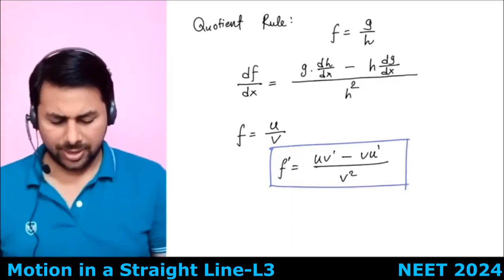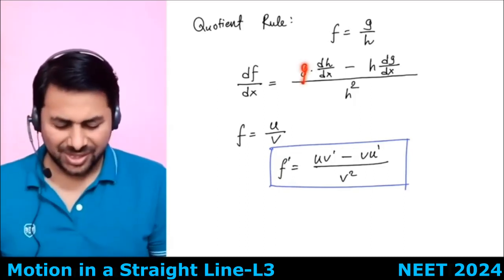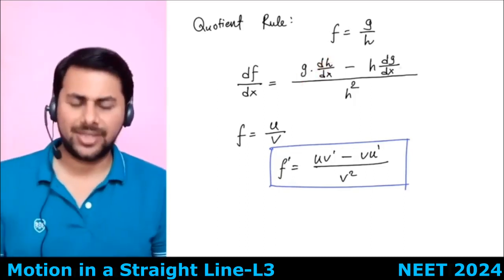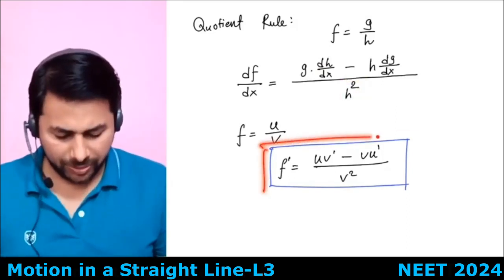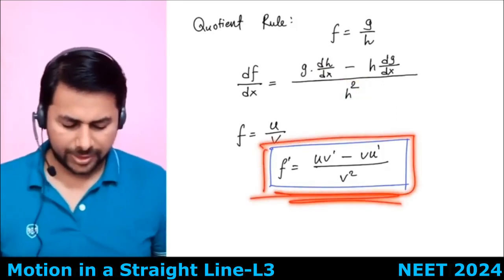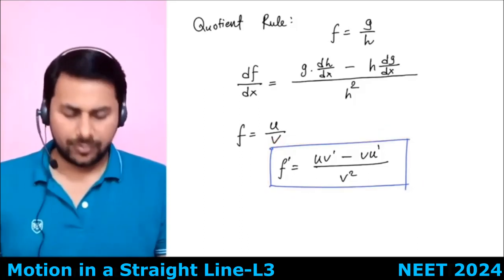Or this one is also, I'm sorry, g h dash minus h g dash divided by h square. So it doesn't matter. If you have remembered this formula, stick with it. All right, so this is the quotient rule.